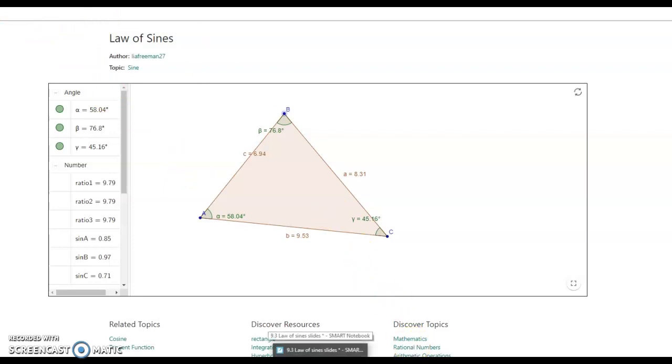So if we're finding the area of a triangle and we don't know, well, it's not a right triangle because if it were a right triangle, we'd use the Pythagorean theorem. But this way we can do it for any triangle as long as we know 3 pieces of information.